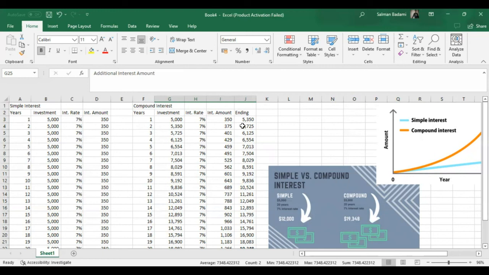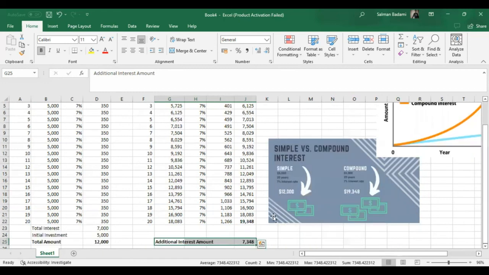So we are technically getting interest on interest. Therefore, the compound interest ending balance will always be greater than simple interest, because the difference between compound interest and simple interest is the additional interest we are getting, interest on interest.